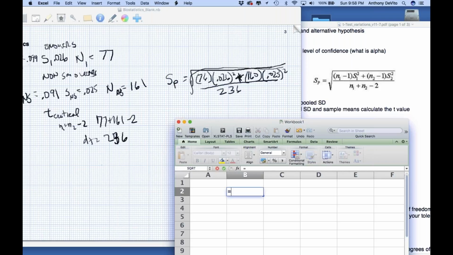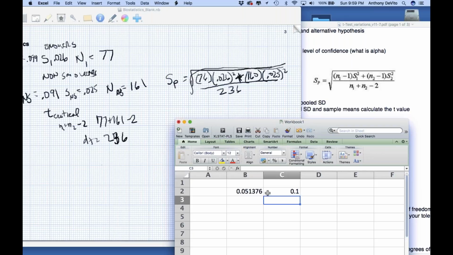First, I'm going to do 76 times 0.026 times 0.026. I could use the caret sign to represent the squaring, but it's just as easy to multiply it by itself. Then I'm going to do the second part of the numerator: 160 times 0.025 times 0.025.